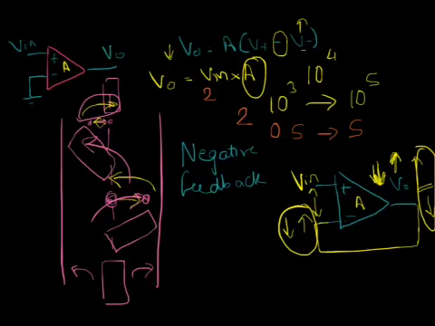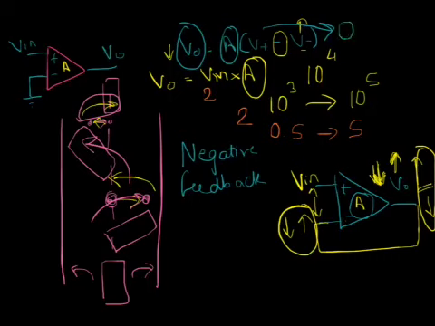Now, the main benefit of this is that the error correction simply does not depend on the value of A. As long as A is a large number, we don't really care what A is. Okay, why do we want A to be a large number? That is because we had said that Vout has to be a constant, and if A is infinity, we know that this term is 0.